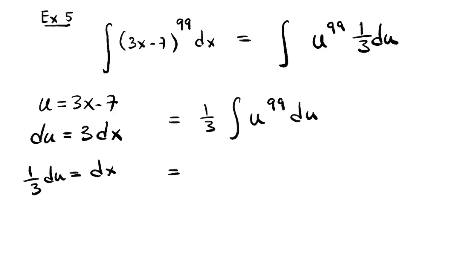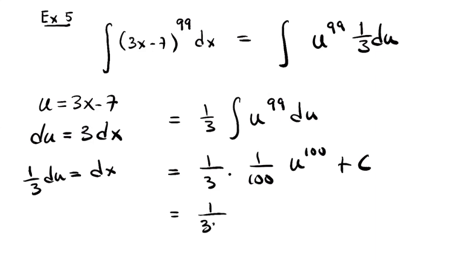So really, the antiderivative that I have to do is u to the 99th. So I should add 1 to that exponent, divide by the new exponent. So we end up getting 1 over 300 times, let me replace u with its expression in x, 3x minus 7 to the 100th.